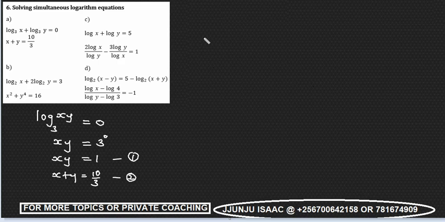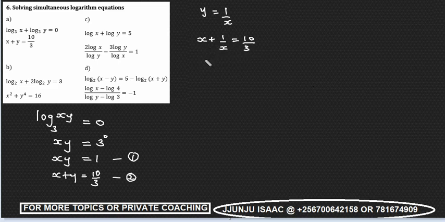So let us see now. From 1, we see that y is equal to 1 over x. So we can substitute in the second equation that x plus y, now y is 1 over x, equal to 10 over 3. Now I want to get rid of the denominator, so I can multiply with 3x.